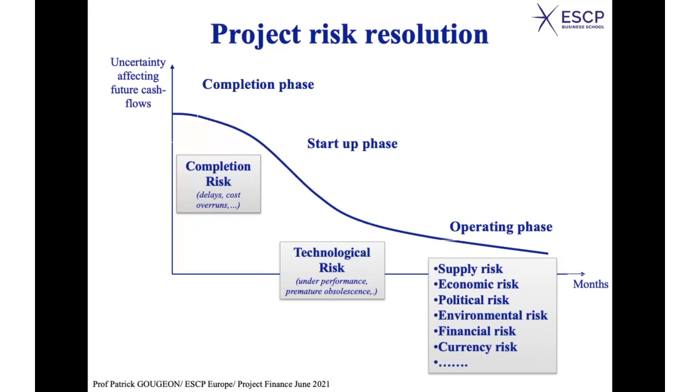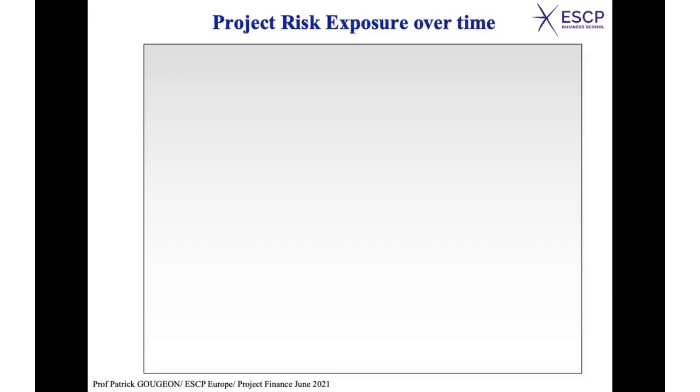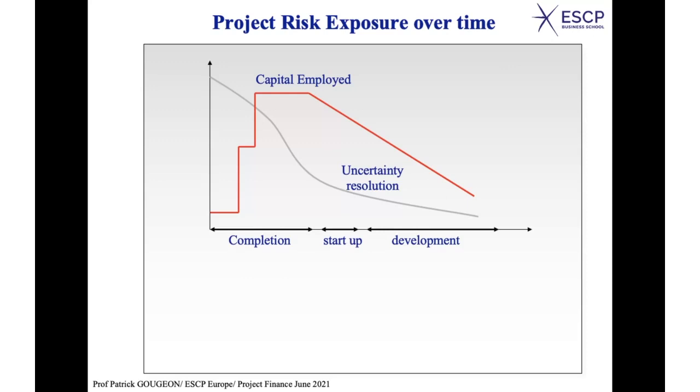Well, so let's come back to this concept of timing. So we started with this, the gray curve, which describes the uncertainty resolution which I have presented before. What is the red curve? The red curve is the evolution of the capital employed.